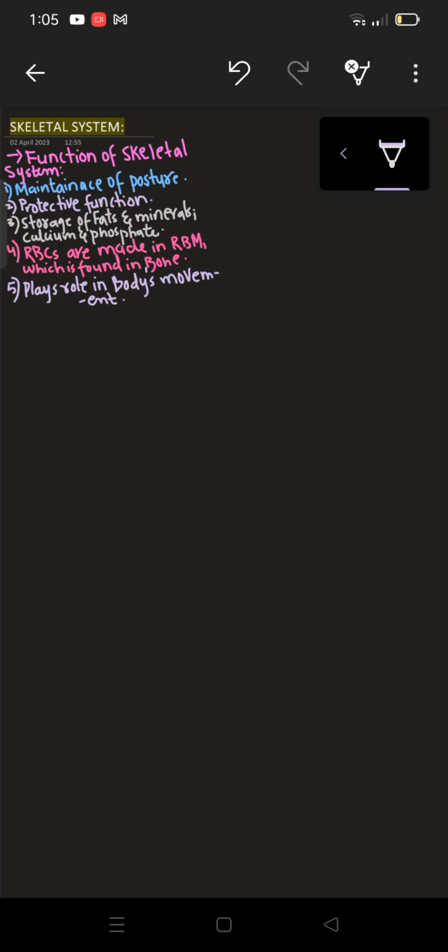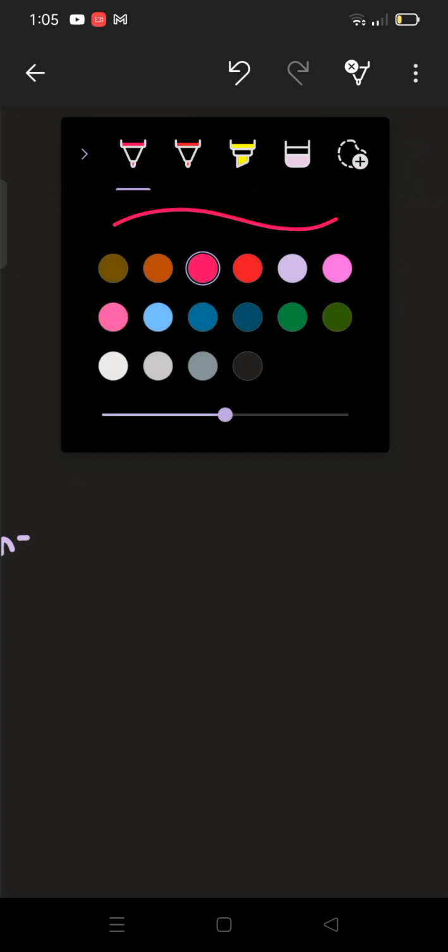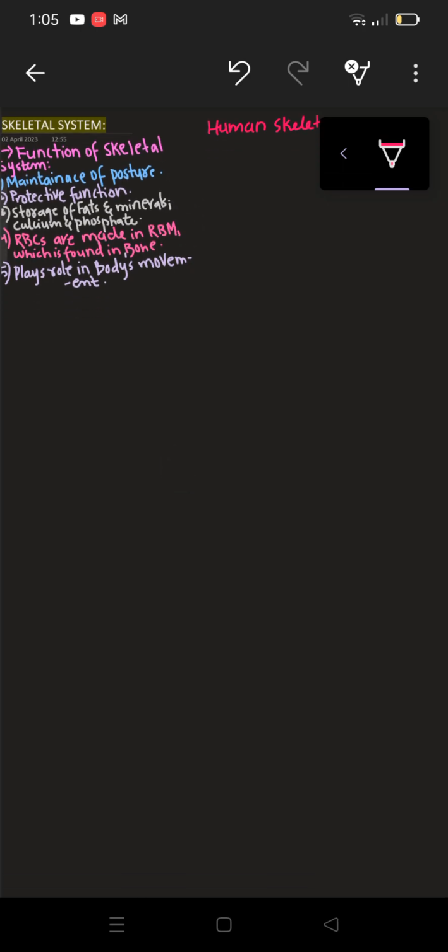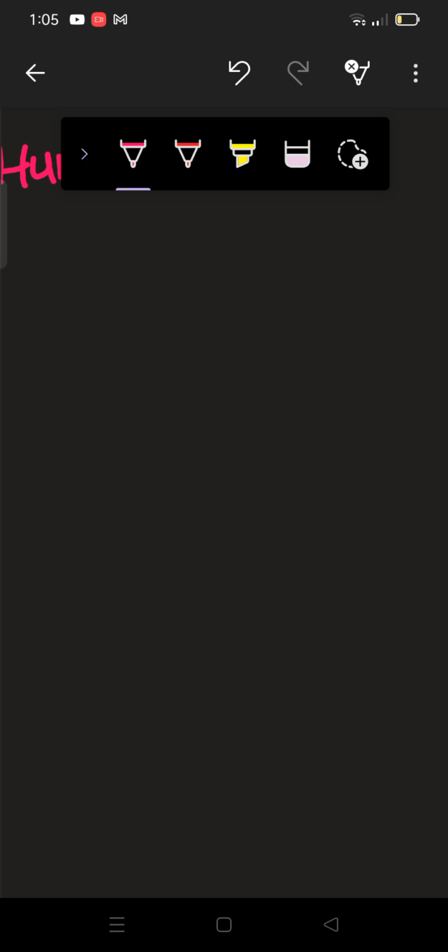So now as we have discussed the function of the skeletal system, we are going towards the human skeleton. Let me write the topic first, what we are going to discuss: human skeleton. Here I am going to make the structure so that we can identify what structures are present in the axial skeletal system as well as in the appendicular skeletal system.